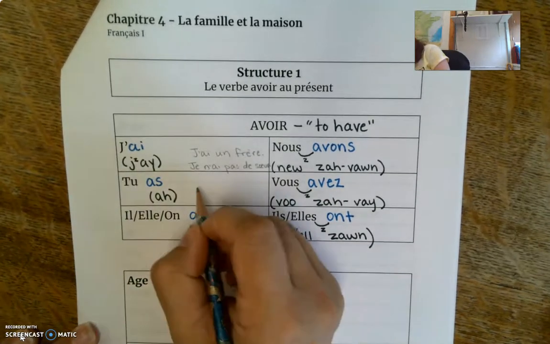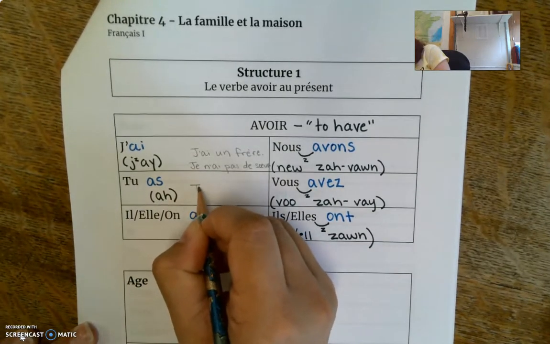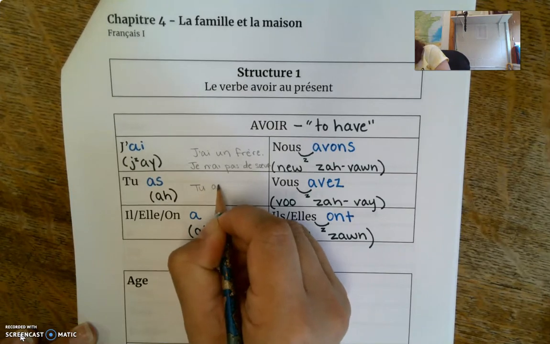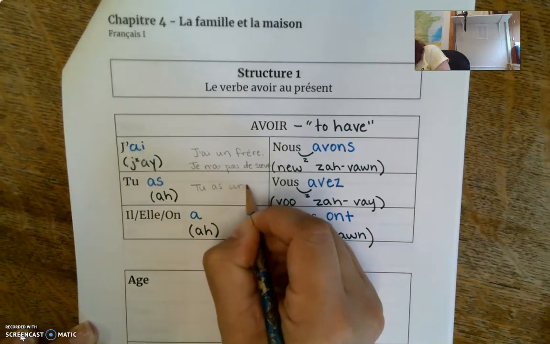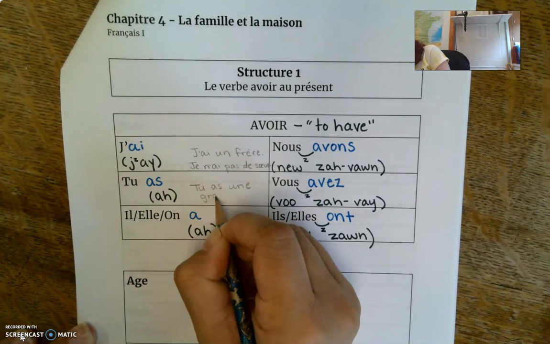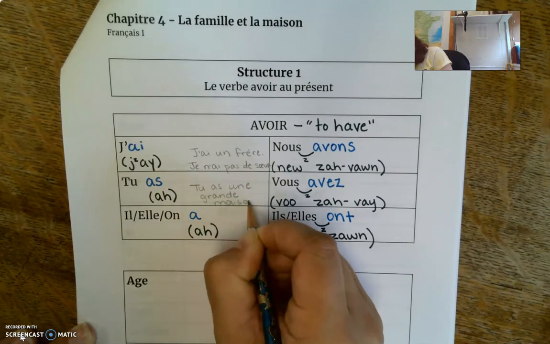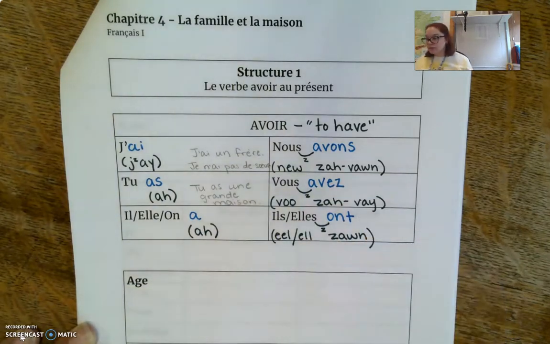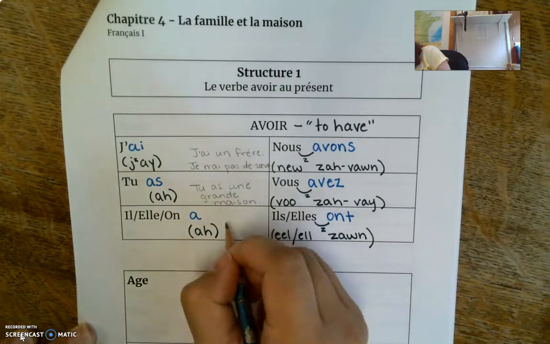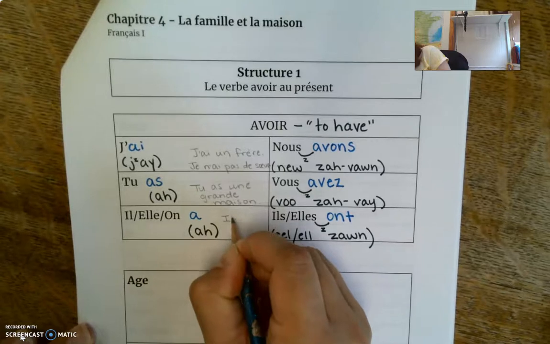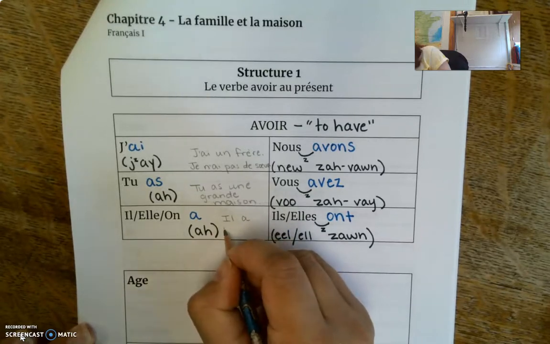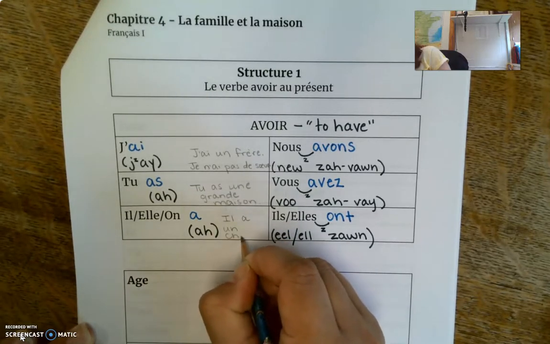So I might say, tu as une grande maison. You have a big house. I might say, il a un chien. He has a dog.